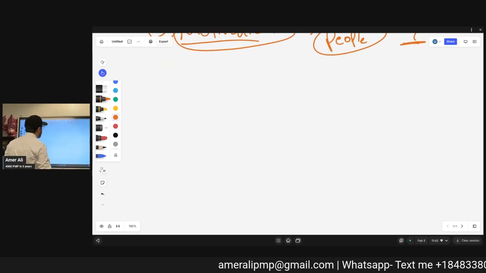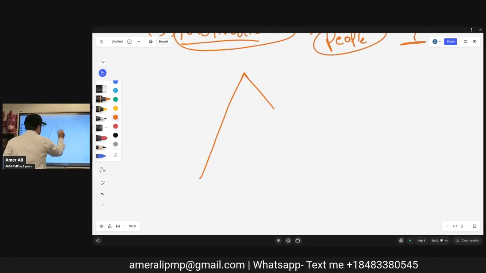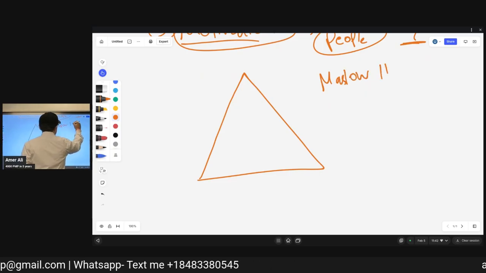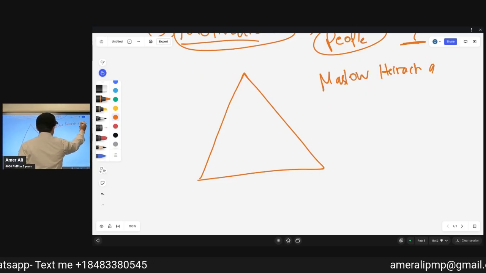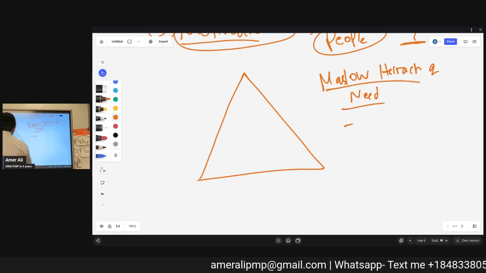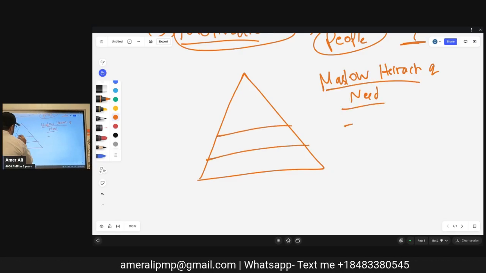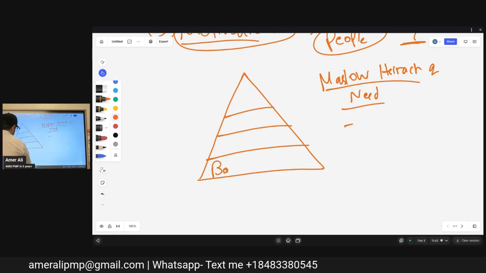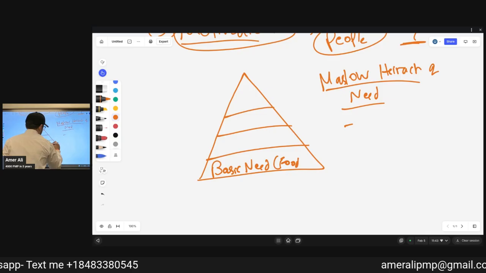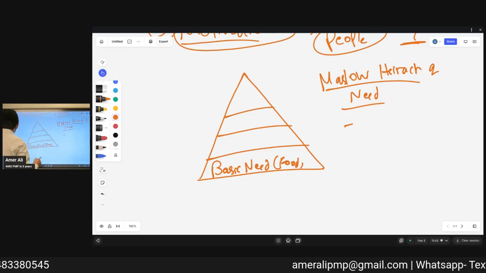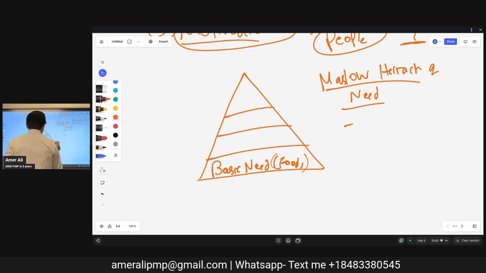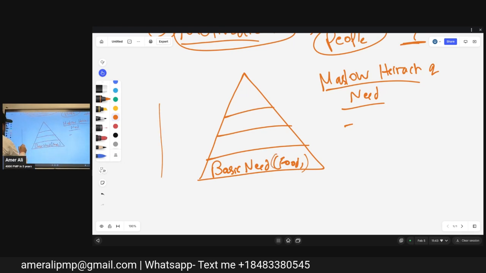One of the basic theories of motivation is Maslow's hierarchy of needs. It says that there are basic needs like food, water, shelter, etc. Unless those needs are filled, I will not move to the other needs.